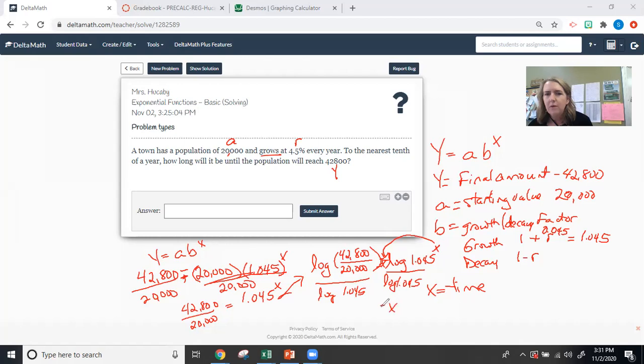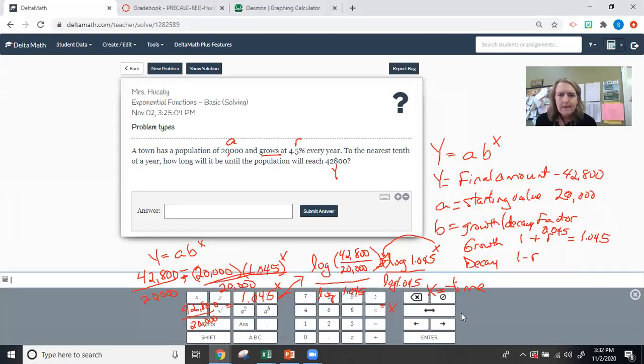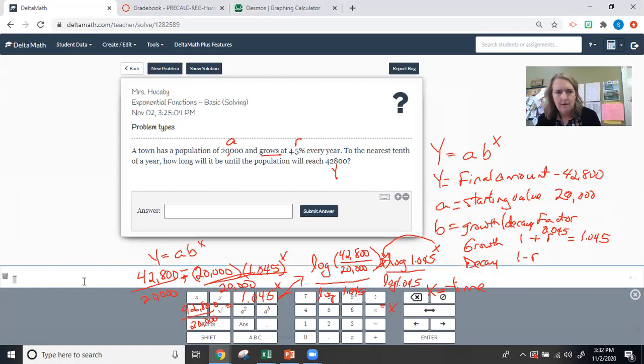So then we're going to be left with x on the right side, and then we're going to divide this. I'm going to use this calculator. See the calculator right here? I'm going to click on that. We can put all of that right here on the blank. I'm going to get it in fraction form.